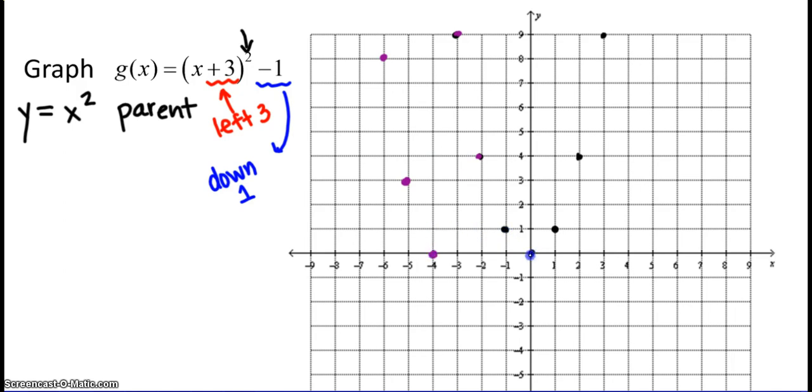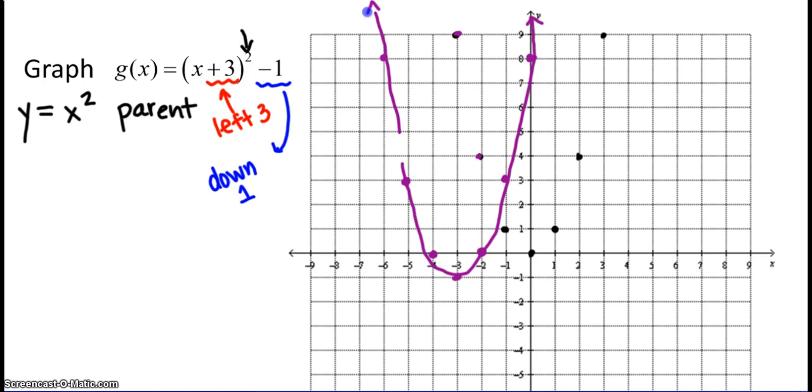The vertex at 0, 0 goes left 3, 1, 2, 3, down 1. The point 1, 1 goes left 1, 2, 3, down 1. And I'm going to connect all the purple points that belong to my translated figure.